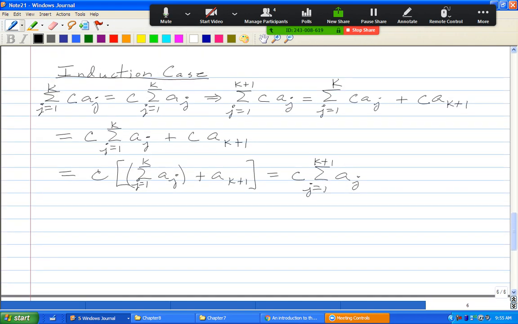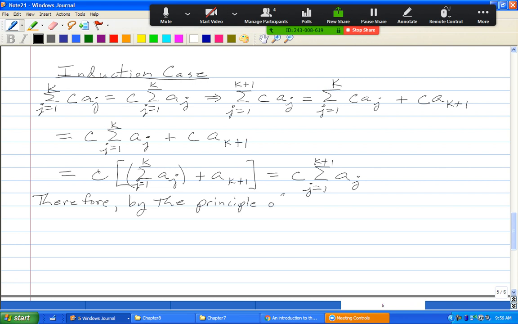So therefore, by the principle of mathematical induction, the sum j equal 1 to n of c a j is just equal to c times the sum j equal 1 to n of a sub j.